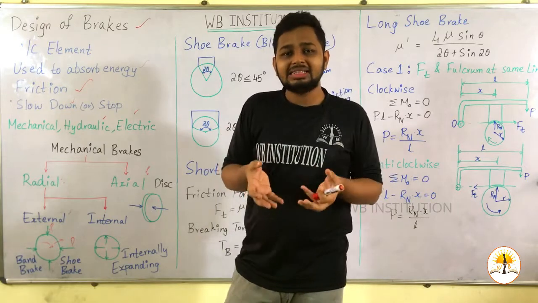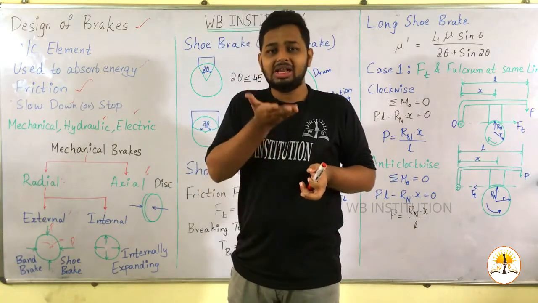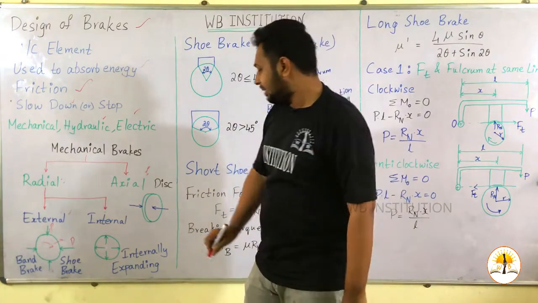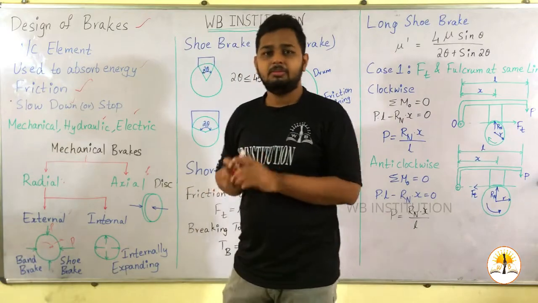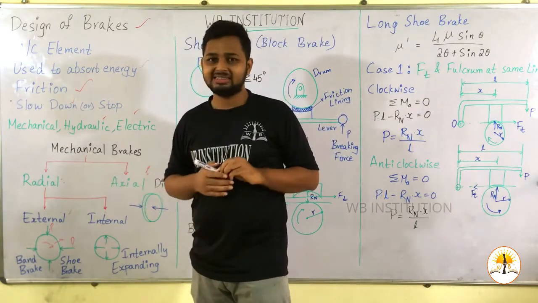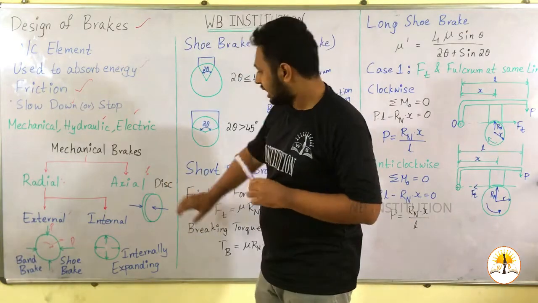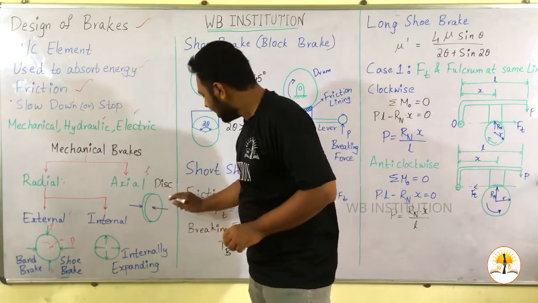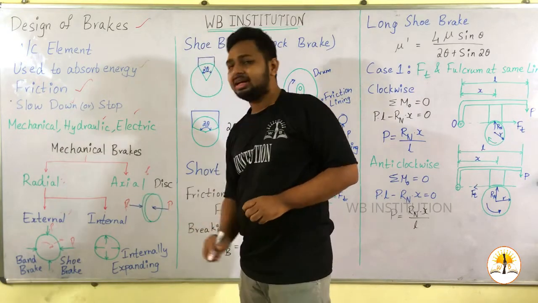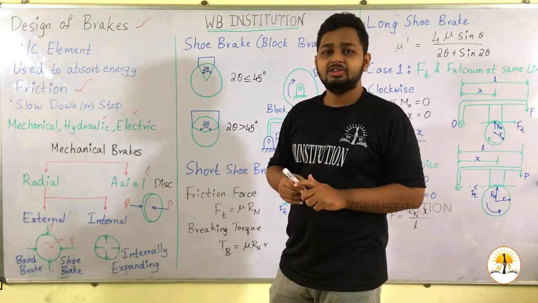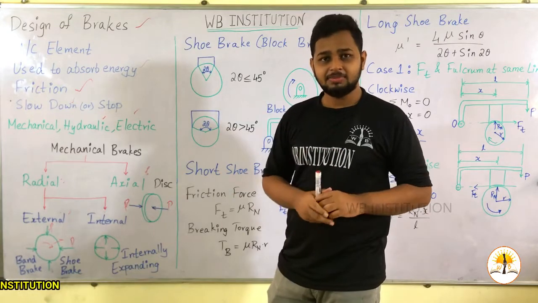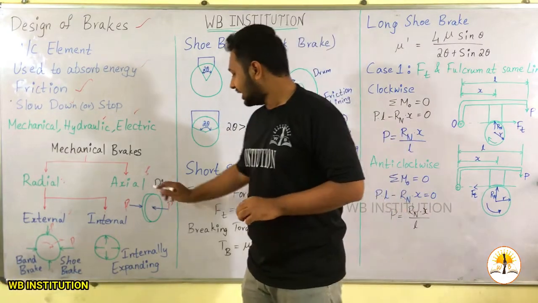If you take the example of a drum, internal forces act inside it to reduce the speed of the rotating object. So these are radial mechanical brakes. Coming to axial mechanical brakes, we apply the force axially on a rotating object so that it reduces the speed or completely stops the machine. This is an axial brake.